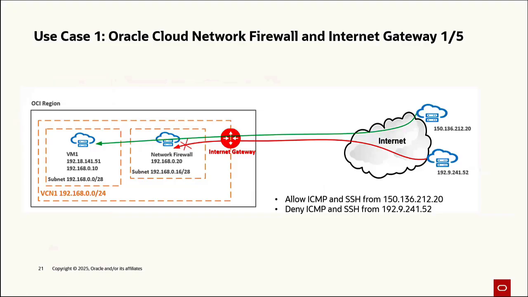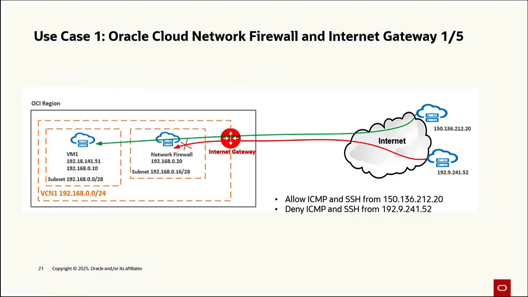We want to expose this virtual machine to the internet. So the virtual machine must have a public IP address, right? And this public IP address is 192.18. The other IP address, which is the private one, is 192.168, right?